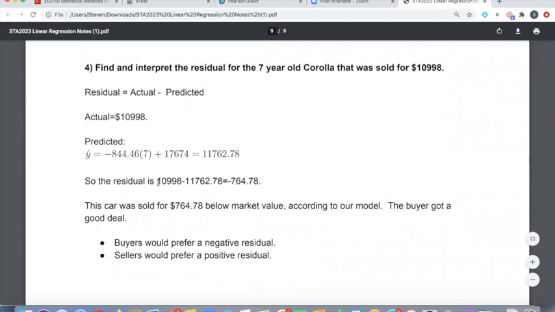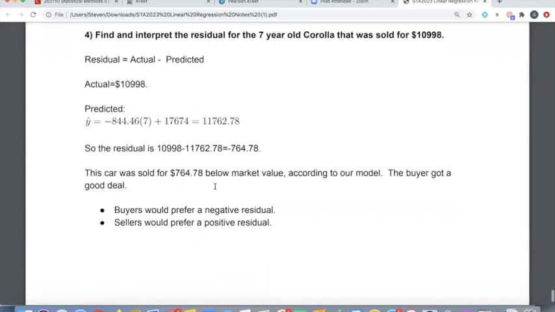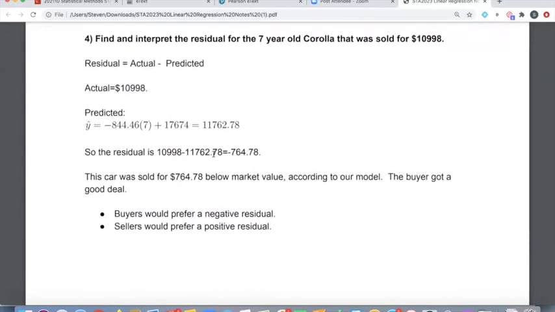So that's what it was listed for at the lot. That's what the guy actually paid. Or no, so this is what it was worth. So the car sold for $700 below market value. So the buyer got a good deal.